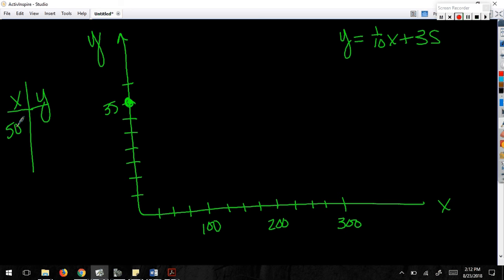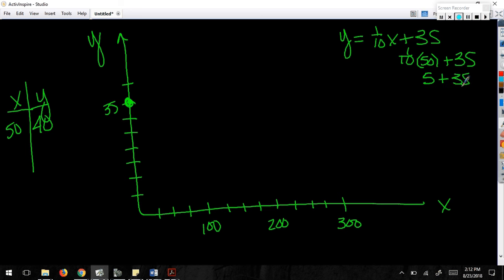35 plus, what's 50 divided by 10? 5, and then add the 35 to it. 40. That is correct. Do you see what we're doing? We're plugging in here. So it's 1/10 times 50 plus 35. 1/10 of 50 would be 5, which would be 40.